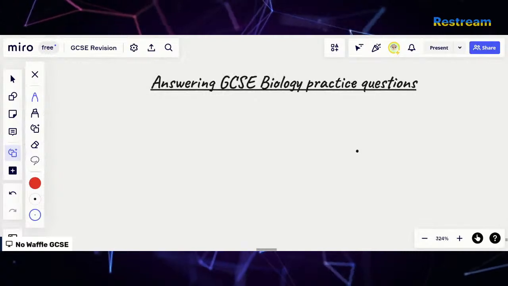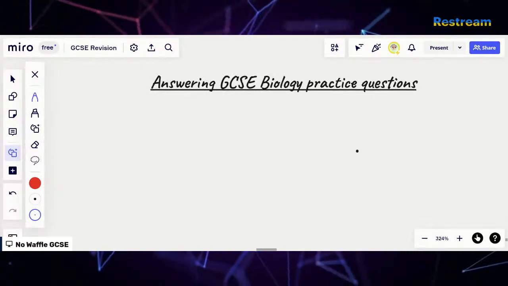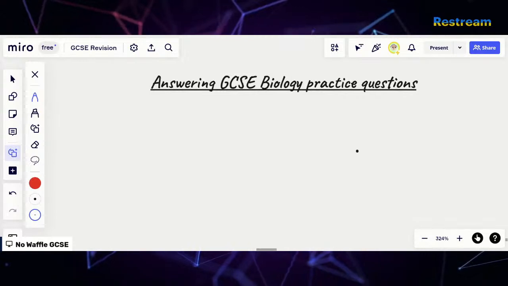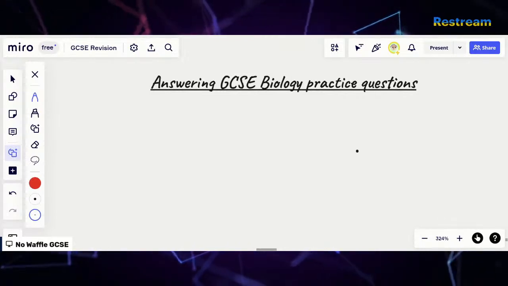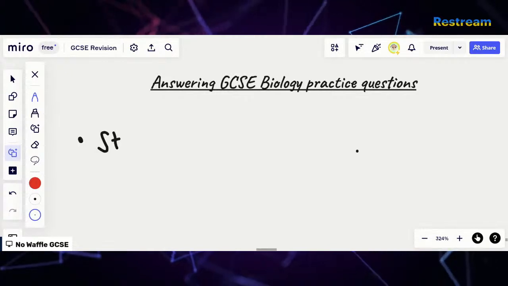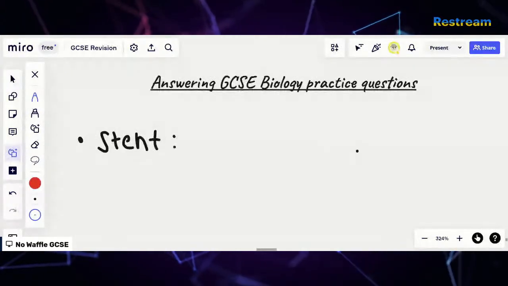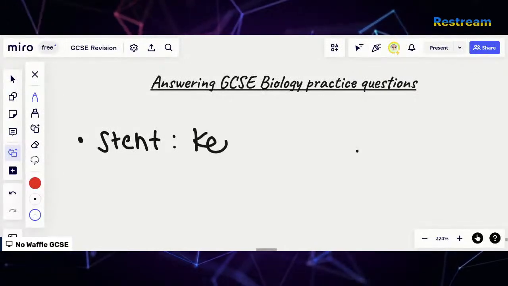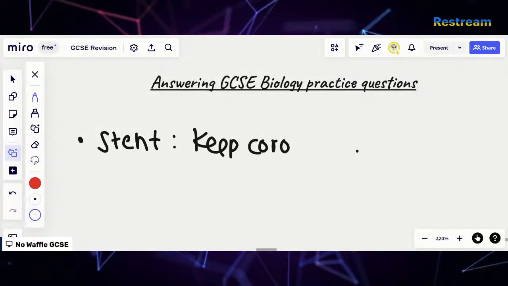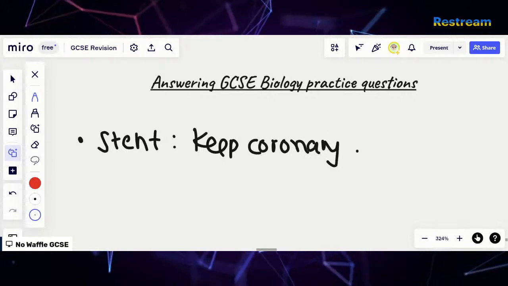So we're going over the question: explain why a stent prevents a heart attack. The function of the stent is to keep the coronary arteries open.